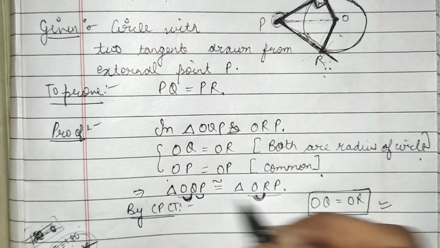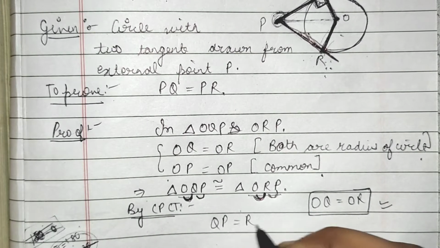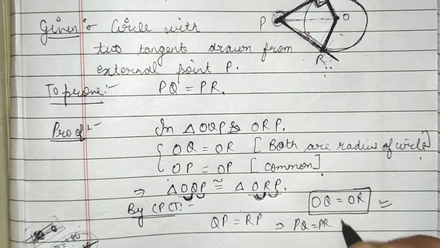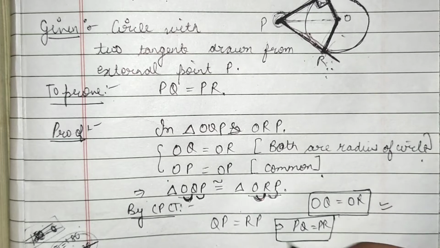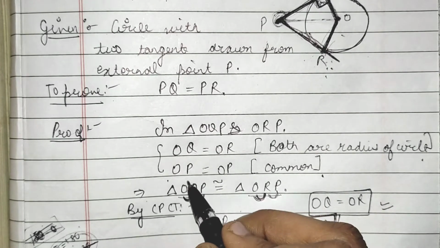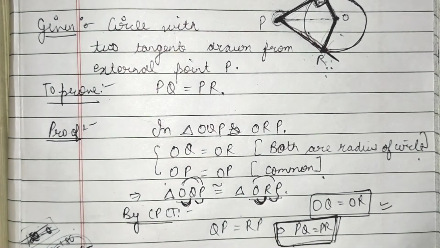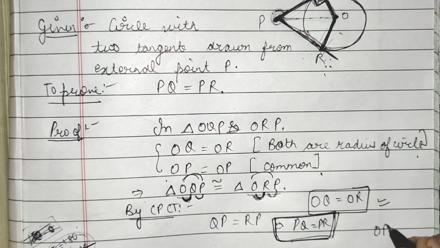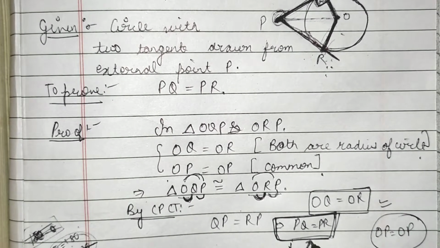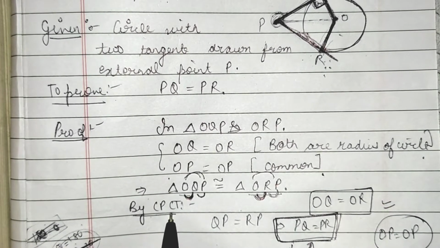Next result, QP is equal to RP, or I can say that PQ is equal to PR. This is the result which we need to prove in this theorem. And the third result will be what? OP is equal to OP, which we also know already because it is a common side. So this is the result which we have proved by using the CPCT property of two triangles.